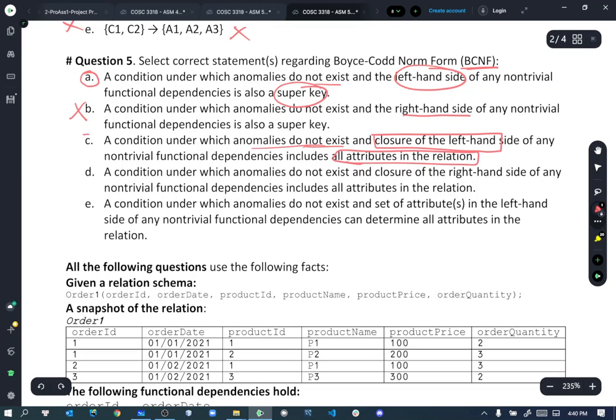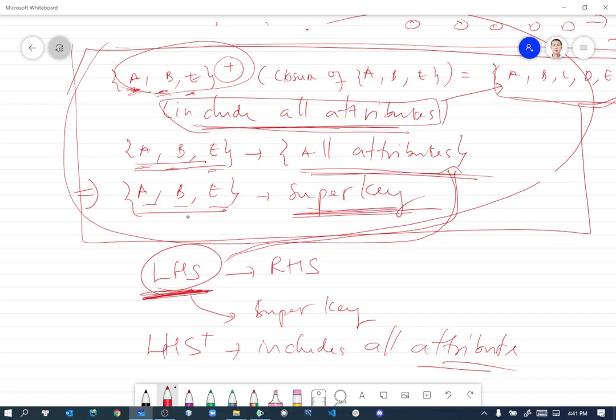So this one is a correct one. It's equivalent to this, as I already said, because saying the left-hand side is a super key is the same as saying the closure of the left-hand side includes all attributes.